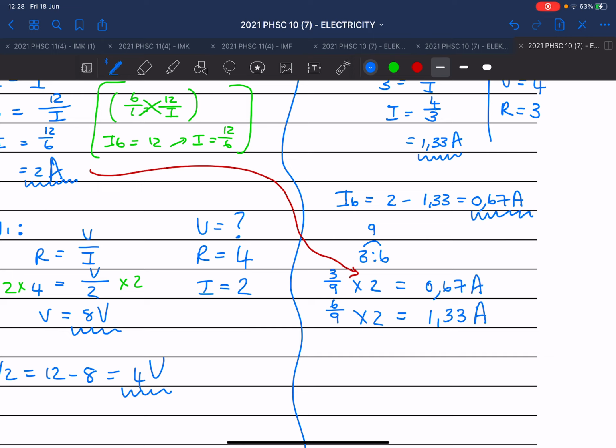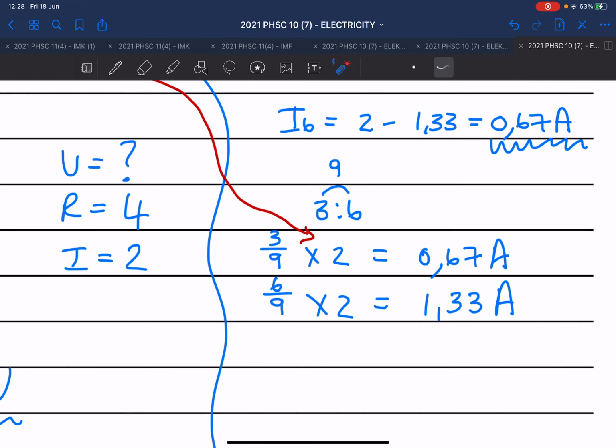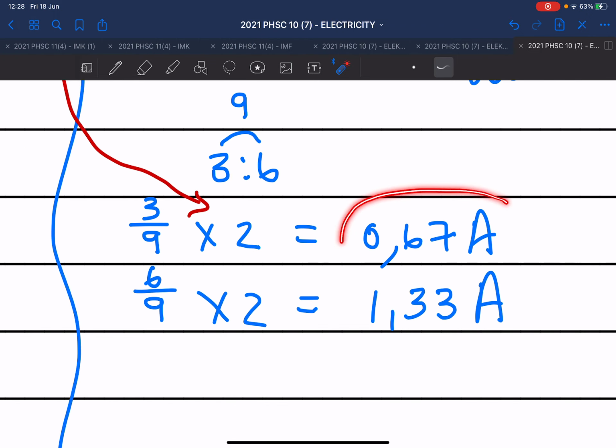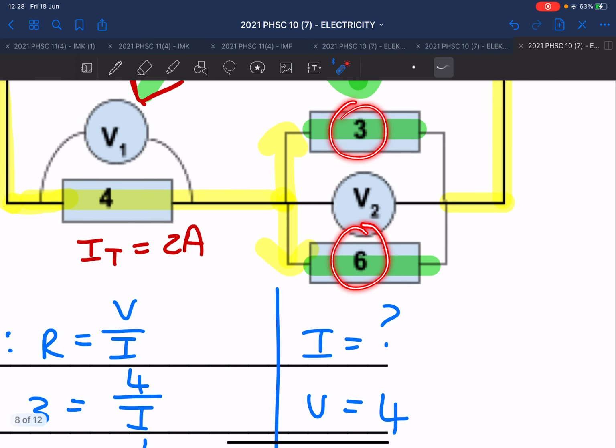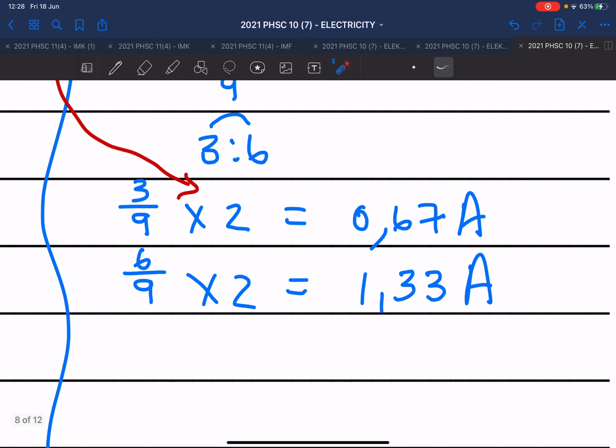Okay, so not too difficult yet. Are you going to say that 0.67 goes through the 3 ohm resistor? Look, we had a 3 and a 6. Why not? Sepu, what did you say?